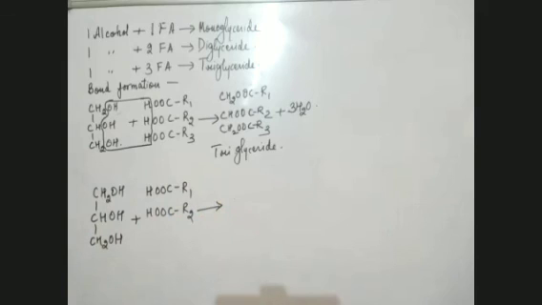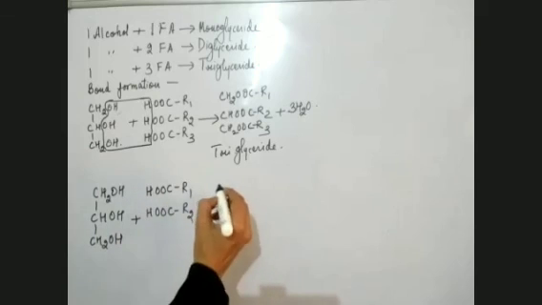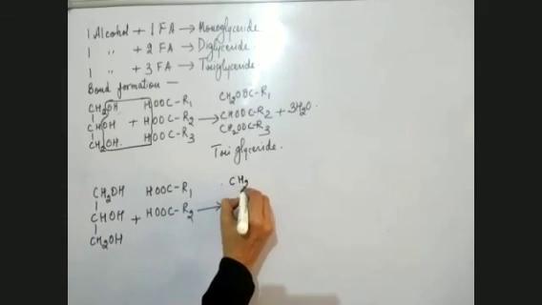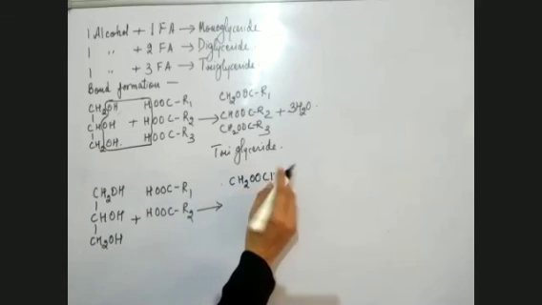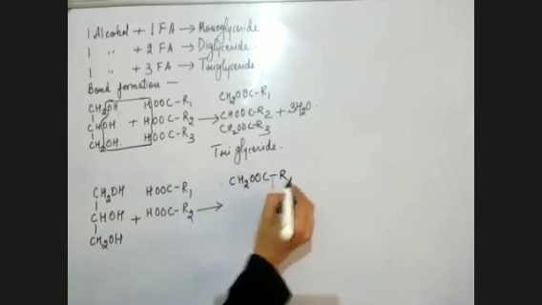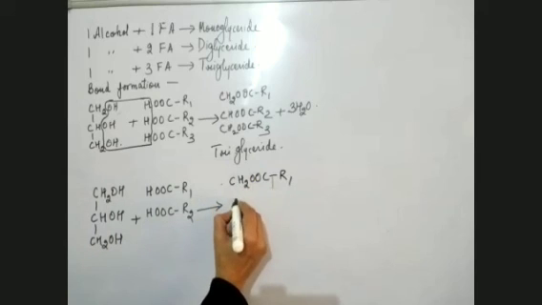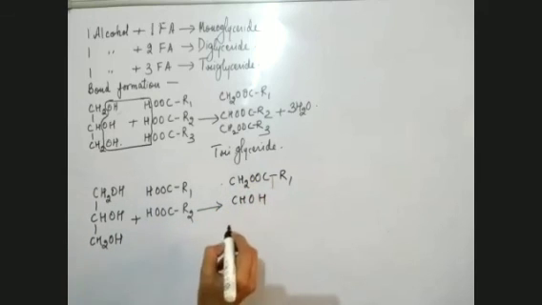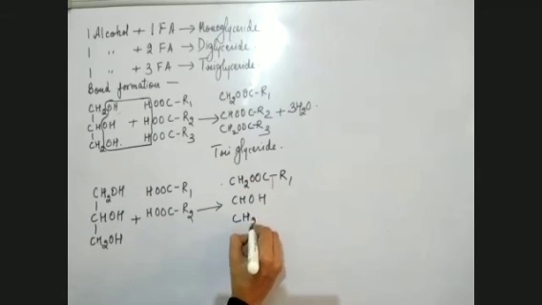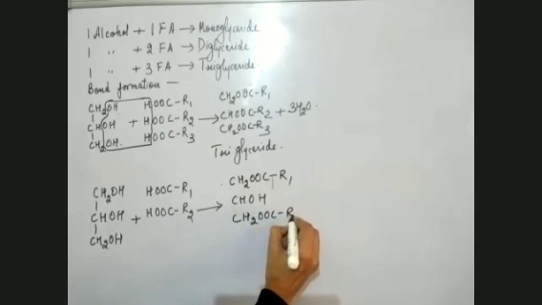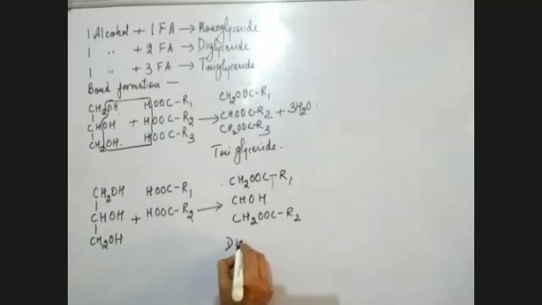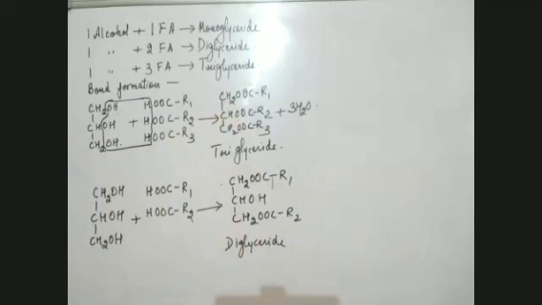And how does that diglyceride look? It will be CH2OOC R1 here, and here we'll write just CHOH, and at the third place we write CH2OOC R2. This is a diglyceride which is formed.